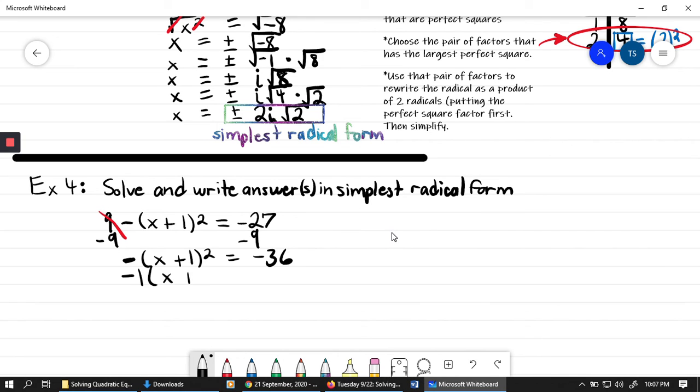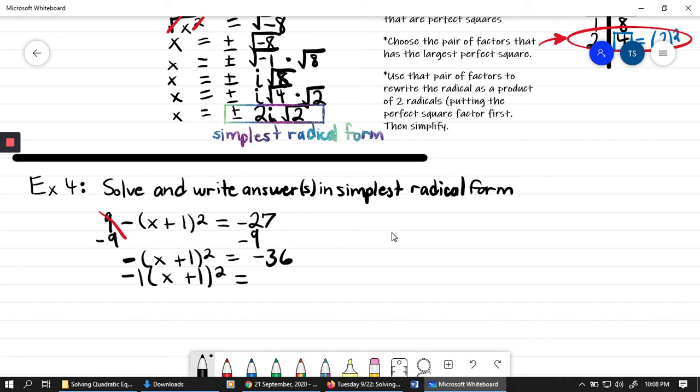So I want to make a brief point here. Some of you are going to be tempted to distribute this -1 or this negative sign here. Do not distribute. I'm sorry about being so loud, but it's that important. Do not distribute. Please never ever distribute into parentheses that is raised to a power.